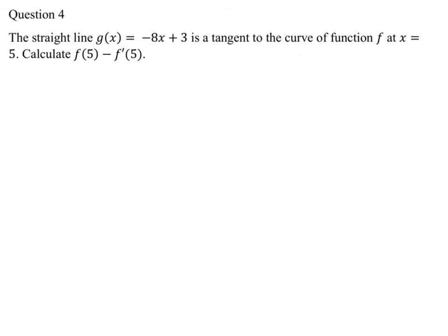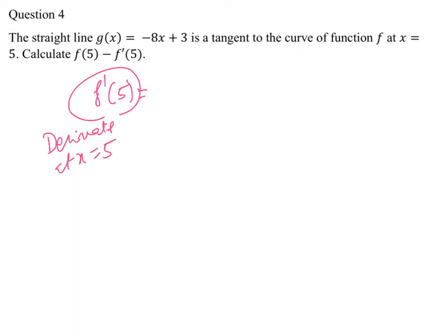So here we have to understand that f prime of 5 is the derivative at x equal to 5. The derivative is equal to the gradient of the tangent, which is negative 8. So f prime of 5 is negative 8.